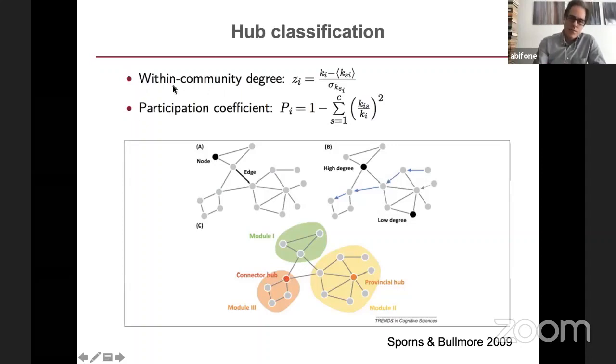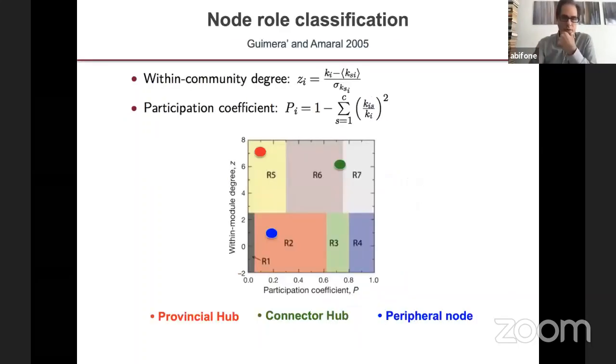This is captured by a couple of parameters within community degree and participation coefficient. Again, I will not dwell into the details, but I'd like to point you to the participation coefficient, particularly, which gives us an idea of the diversity of the connectivity of a node towards other modules, and hence its centrality and its role in the integration of the entire network.